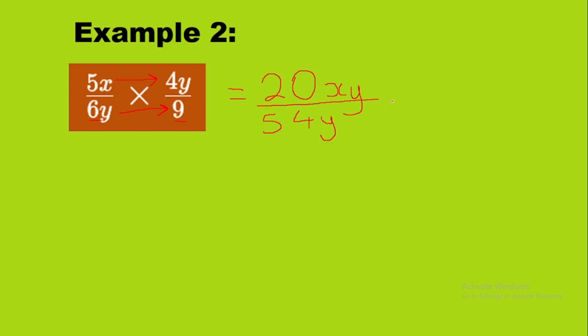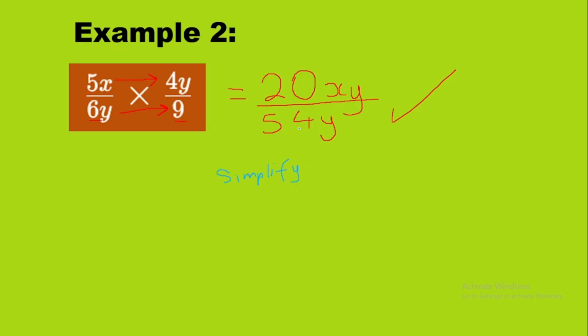Now looking at this fraction right here, although this is correct, we can simplify this. So we're just going to quickly simplify to get our answer quickly. So when you look at both the 20 and 54, what number do you think we can divide both 20 and 54 by?